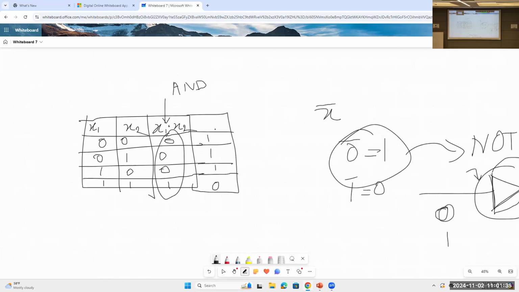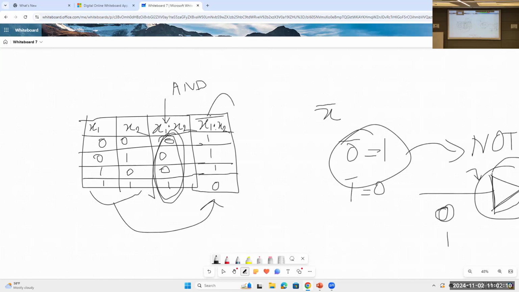Then this makes another truth table, and because this is inverted, we can write this as x1 x2 bar, right? I'm just inverting the x1 x2 result. These four results are for x1 into x2, and this one is for the inverted result.